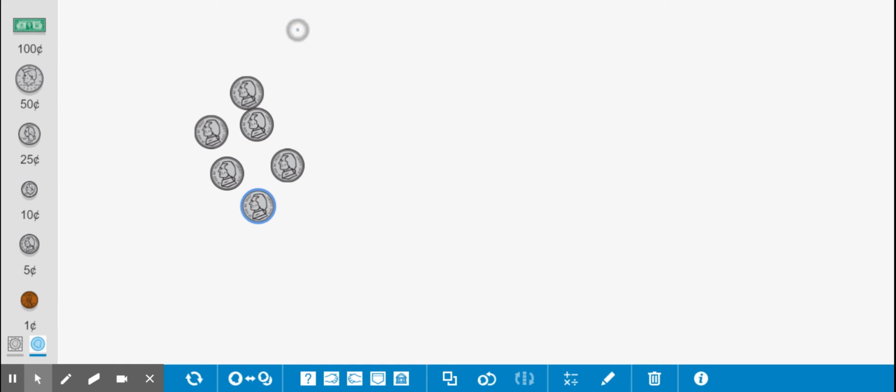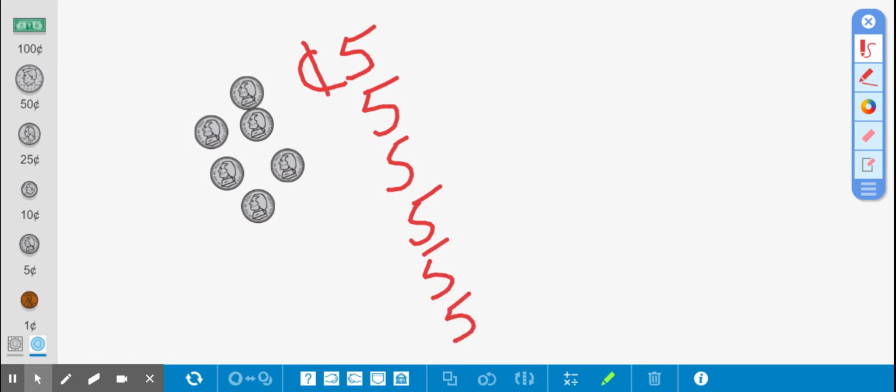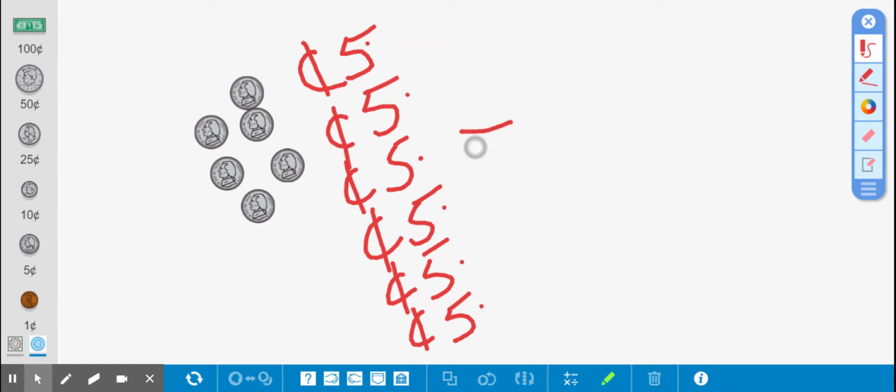So in the old method, each nickel is worth 5 cents, and you would write 5 cents, 5 cents, 5 cents, 5 cents, one more 5. And in the old method, we would say 5, 10, 15, 20, 25, 30. This would be equal to 30 cents.